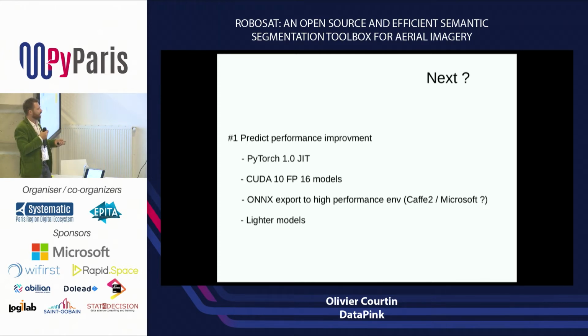And as we can export to ONNX, we can try other environments to see if there is any performance gain. Also, ResNet is really efficient, but it's not the most lightweight model available. So we can do a lot by reducing the size of the model itself.